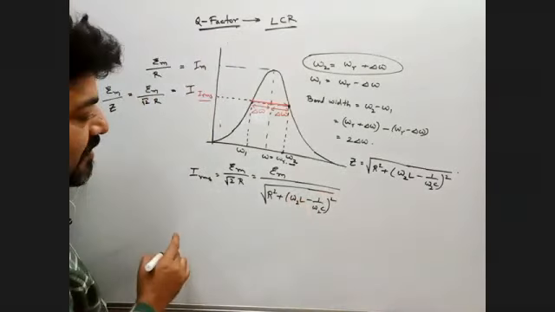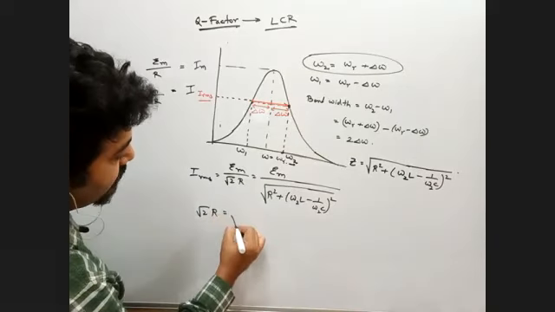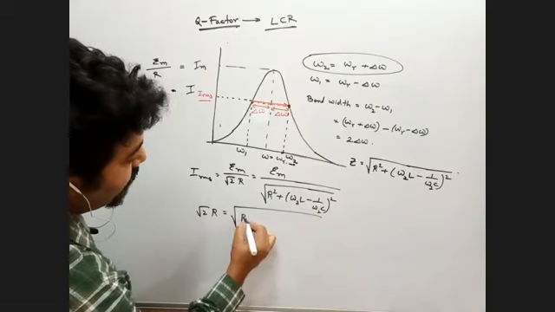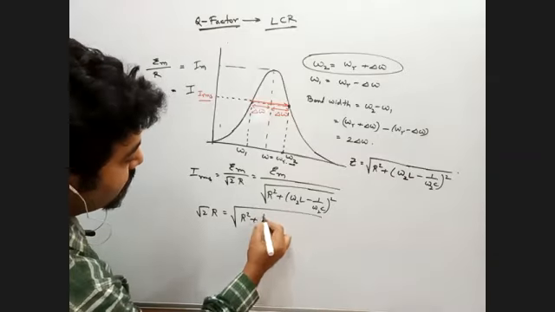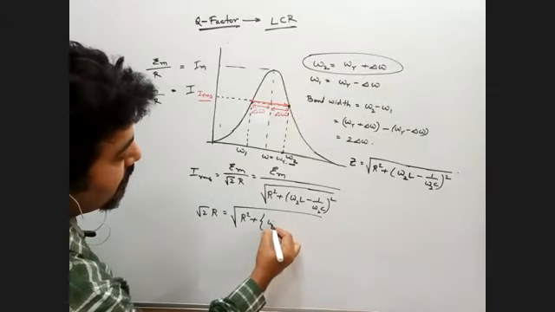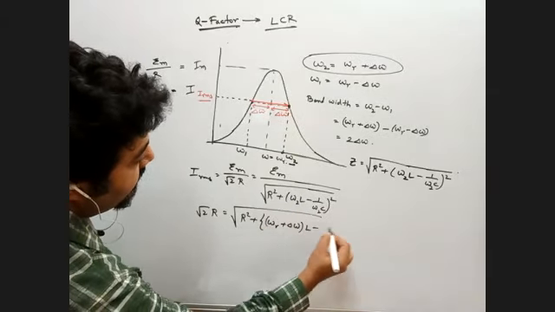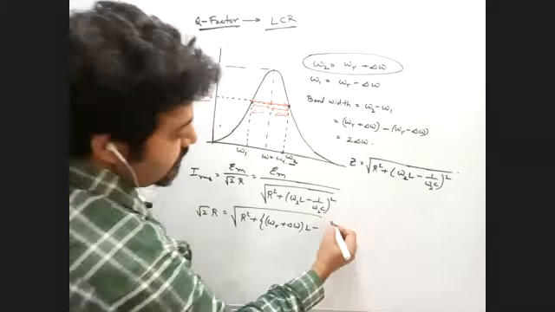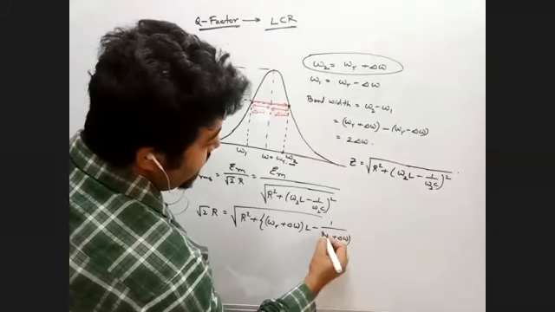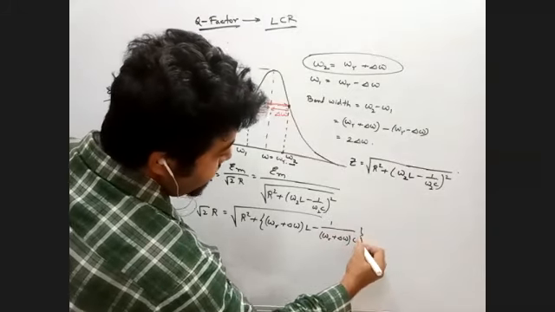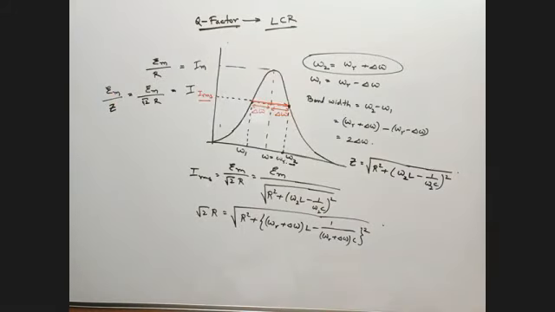So from this we can say, √2R is equal to root of R square plus omega 2, we can write omega R plus del omega into L minus 1 by omega R plus del omega into C, whole square. Is it okay, everyone? Can we write it?